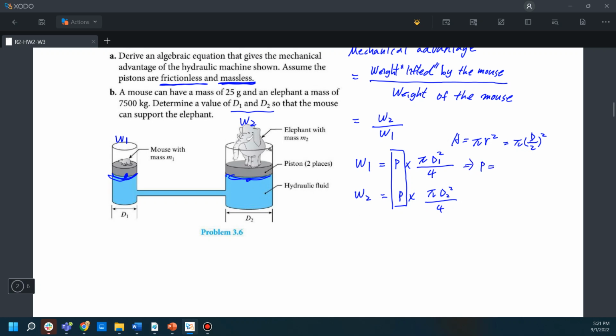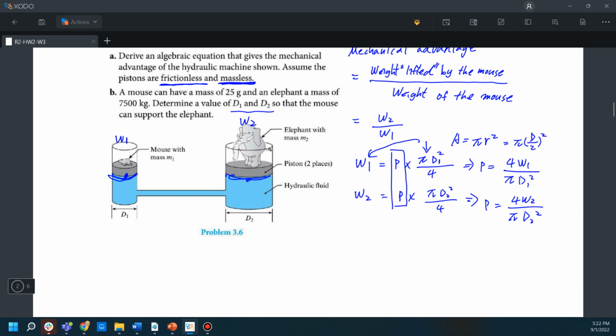P is equal to, you move this term to the other side, 4W1 divided by pi D1 squared. For this part, P is equal to 4W2 divided by pi D2 squared.